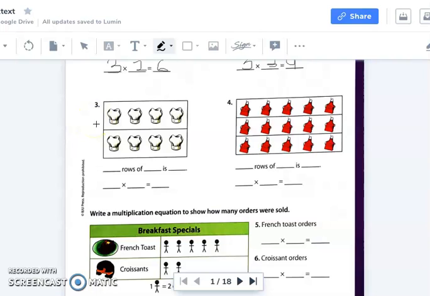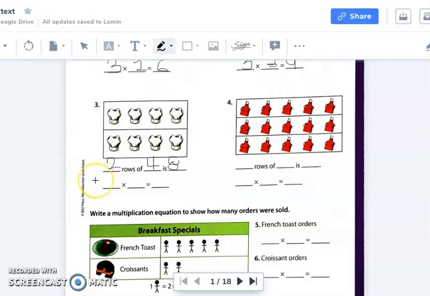You should see 1, 2. 2 rows. 2 rows of how many hats in each row? 1, 2, 3, 4. 4 hats in each row. 2 rows of 4 is in total 8. Oof, it's very difficult to draw 8. All right. So 2 rows of 4 is 8.